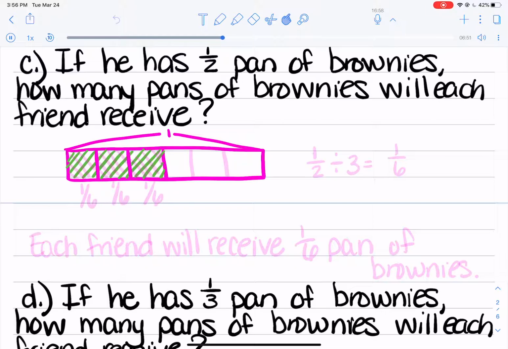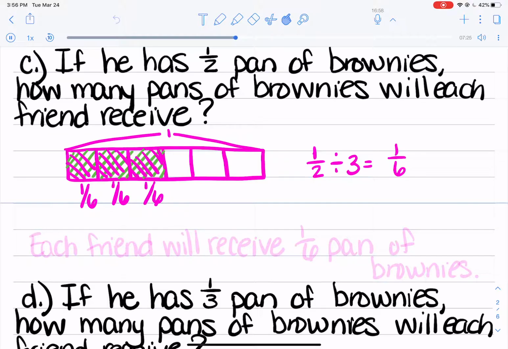So our equation is 1/2 divided by 3, and that equals 1/6. And in order to understand this, you also need to separate this additional half into 3 to understand that each person of his 3 friends is only getting 1/6 of the whole, because he only has this 1/2 to give.